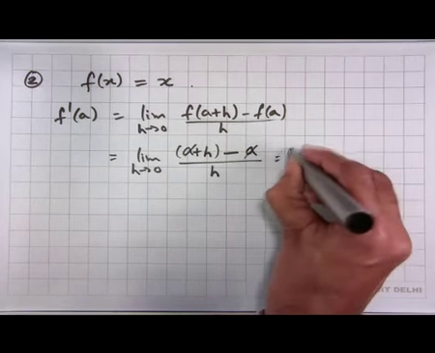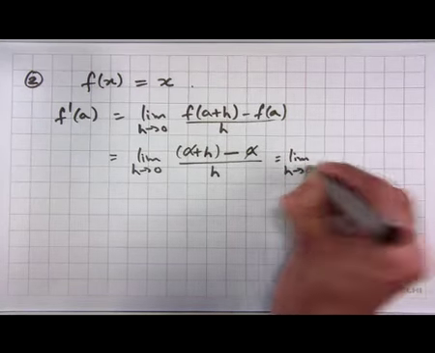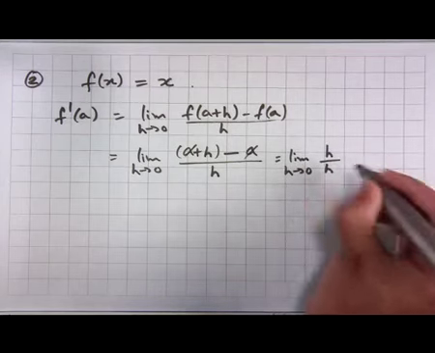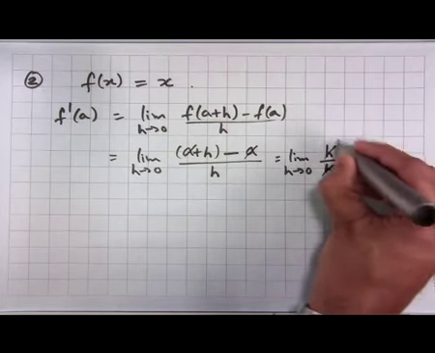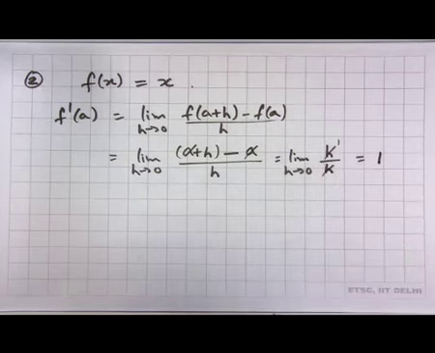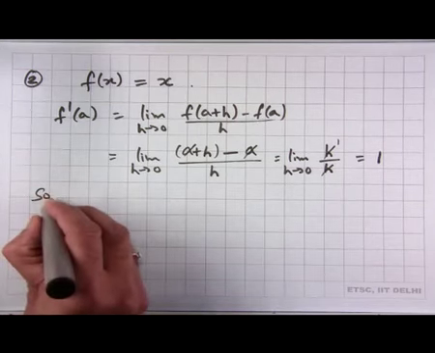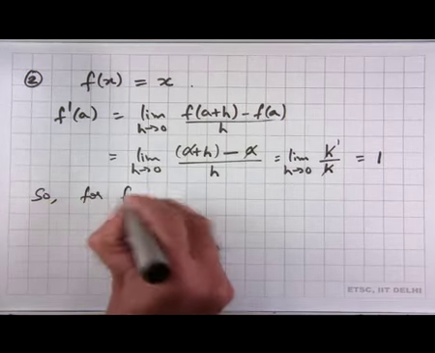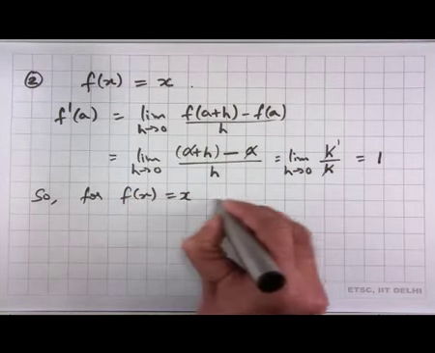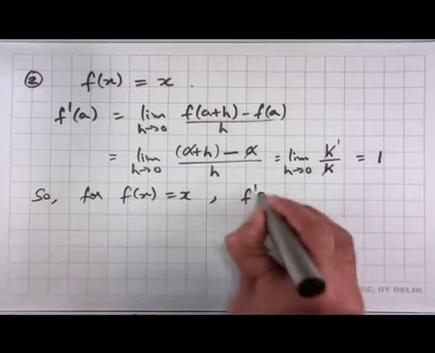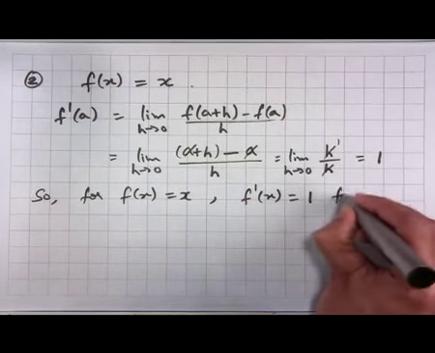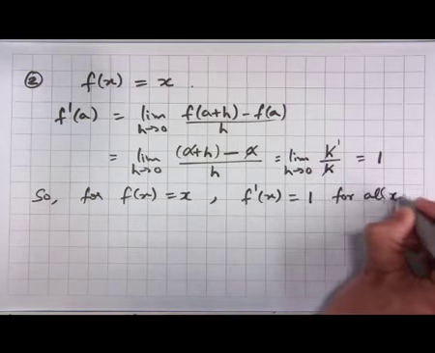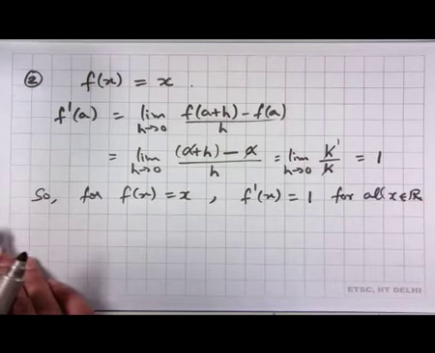So, this is equal to the limit as h goes to 0 of h over h, and for any non-zero h, h over h is 1. So, this limit is equal to 1. So, for f x equal to x, the derivative f prime x is equal to 1 for all x in R. Okay.